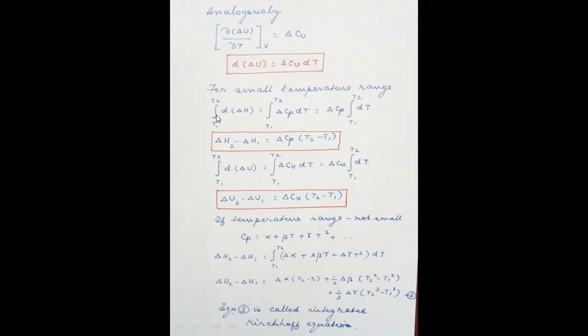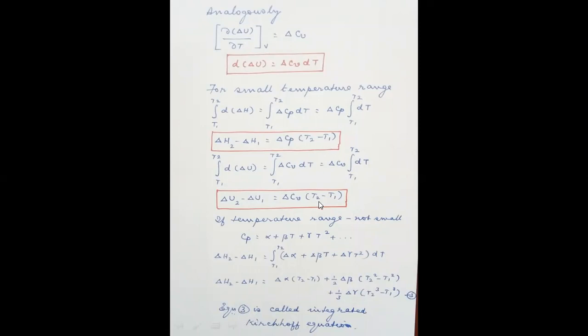So when you apply the upper and the lower limits for this integration, delta H2 minus delta H1, that means the change of enthalpy at the temperature T2 minus the change of enthalpy at the temperature T1, that will be equal to delta Cp, the total change in the heat capacity at a constant pressure, multiplied by T2 minus T1.